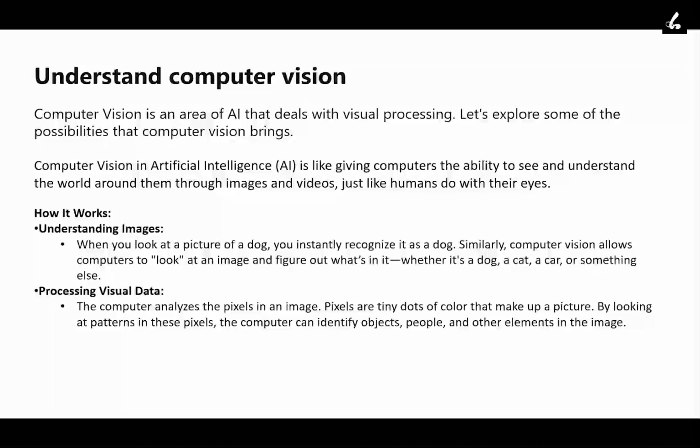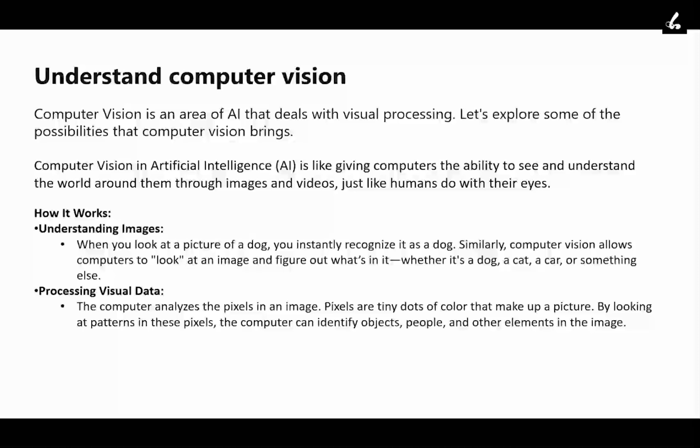As the word explains, computer vision means we are giving the computer, the artificial intelligence, the ability to see and understand the real world around them, like in images and videos, just like humans do with an eye. This is a very simple definition of computer vision.